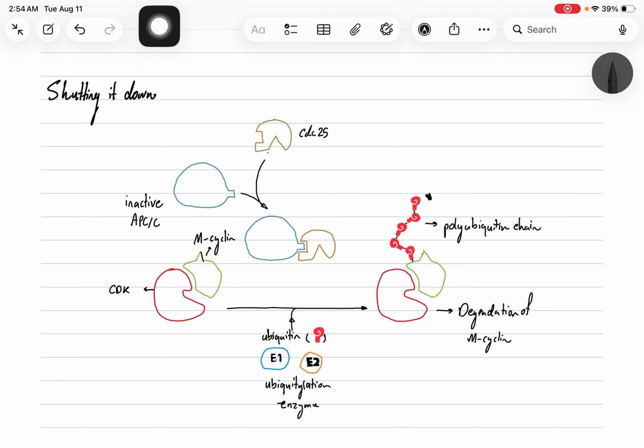And if you want to look at how this is the active APC, we're going to have an effect here, and that is going to put M-cyclin up for degradation.